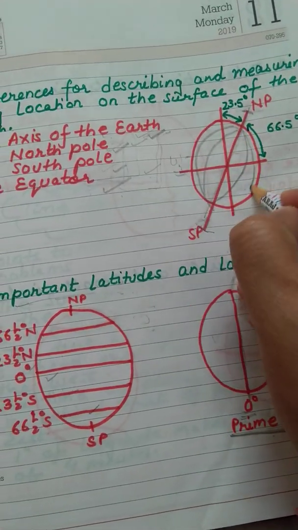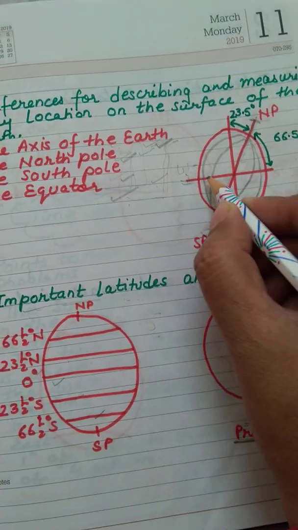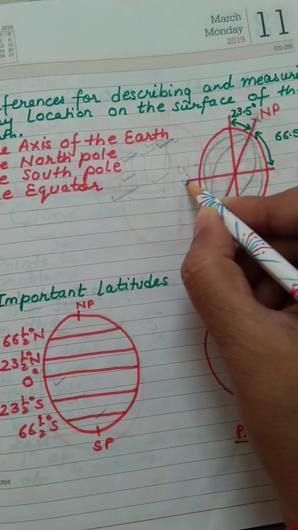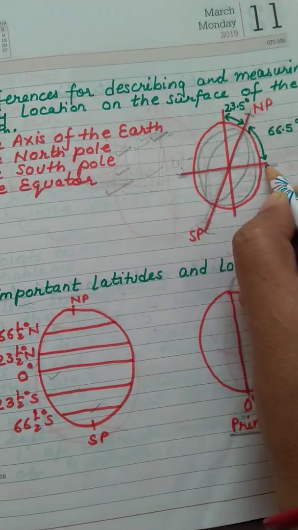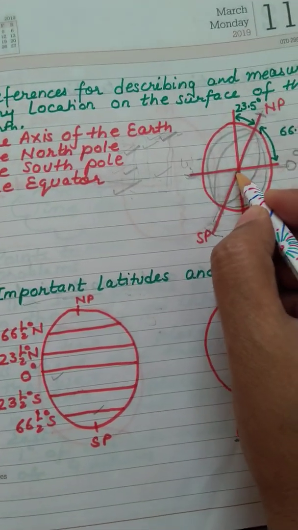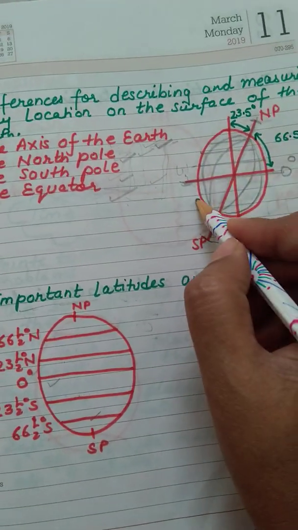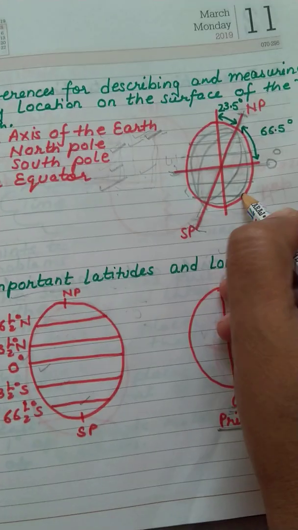So in this way, we will get the longitudes. And if we cut this centermost longitude from the middle, we will get centermost latitude, 0 degree equator. And with the help of this 0 degree equator, we can draw other latitudes which are also called parallels.